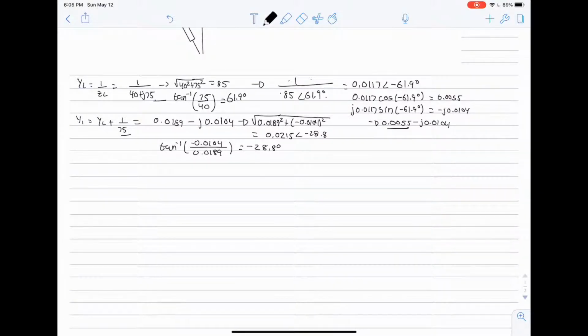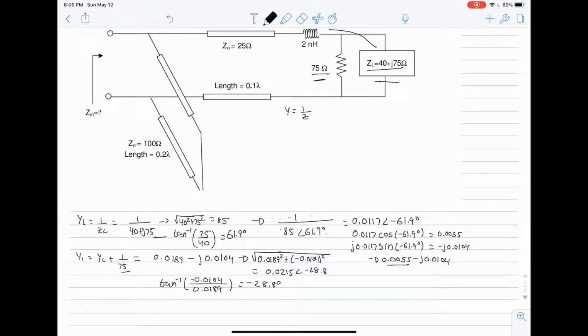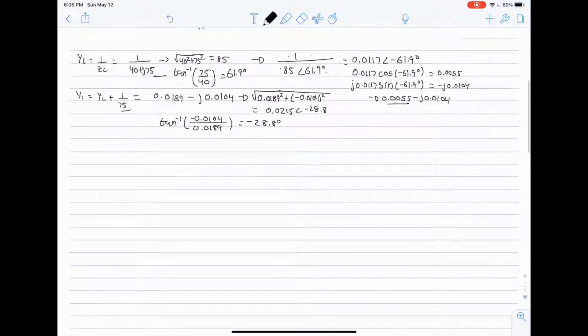And if we want to add the inductor in series with the equivalent of these two, we have to convert it into impedance. Since admittance is Y equals 1 over impedance, we get impedance equals 1 over admittance. So we can do 1 over 0.0215 and negative 28.8 degrees.